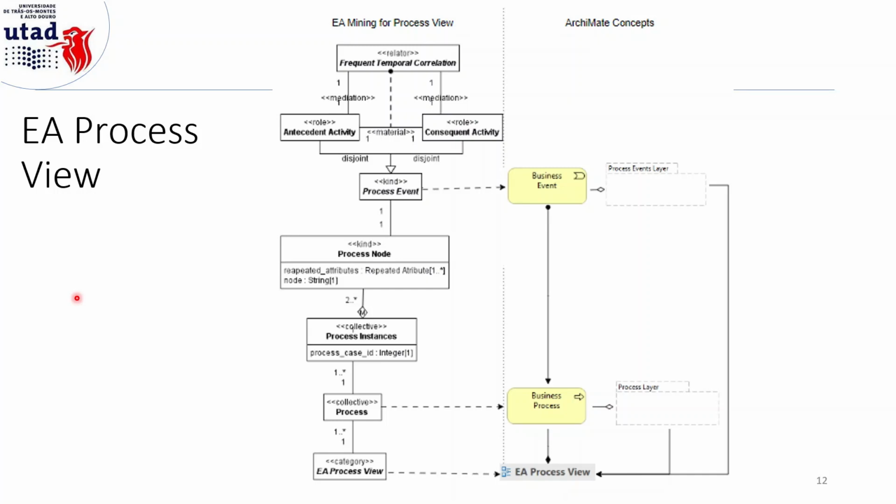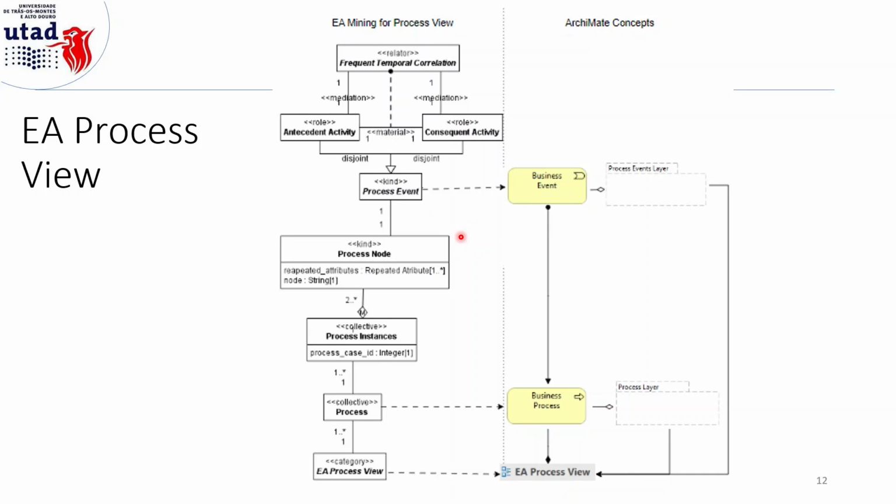To build the process view, the relator frequent temporal correlation represents the data mining process that correlates API requests in a temporal sequence, considering each API request as an atomic process event, then classifying them as antecedent and consequent activities. The candidate activities are identified and grouped considering the same consumer app, the API resource ID, and repeated attribute values in the API call payloads.